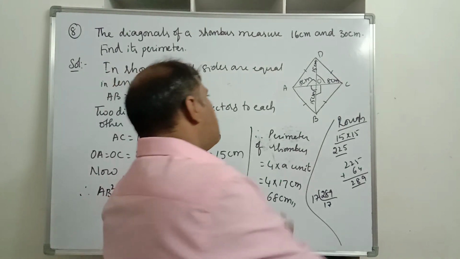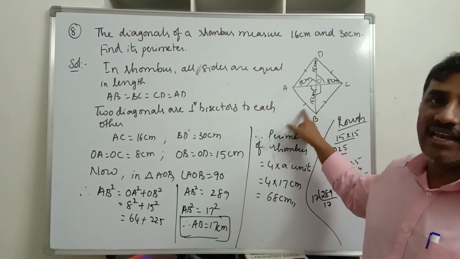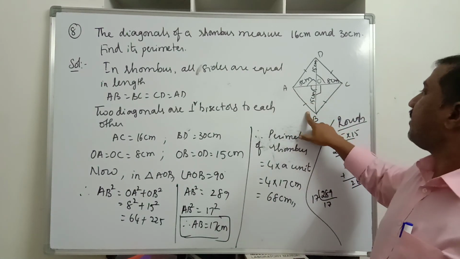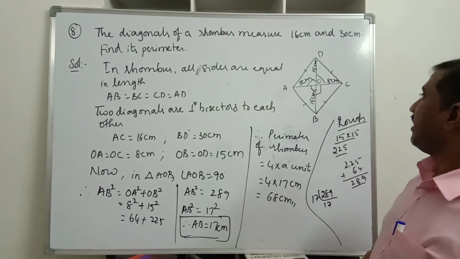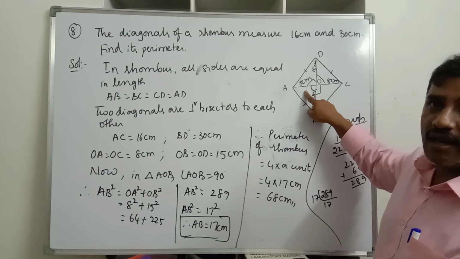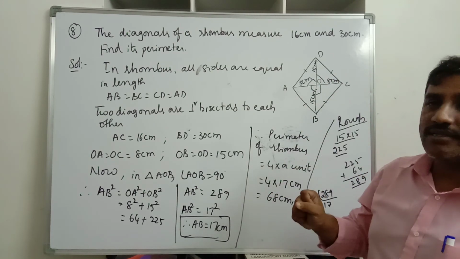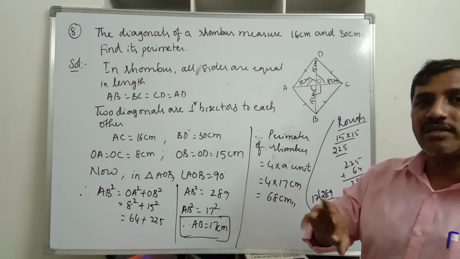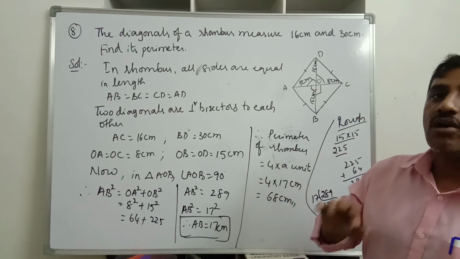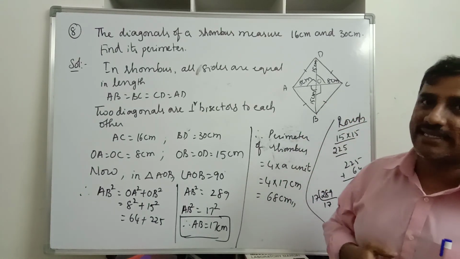How to find this? To find the rhombus perimeter, first of all we should know the length of any one side. That we will find by using the property of Pythagoras in a right triangle. How do we know that it is a right triangle? The diagonals are perpendicular, means right angles. The perpendicular bisectors: bi means two, sector means dividing into two equal parts, that is known as a bisector.